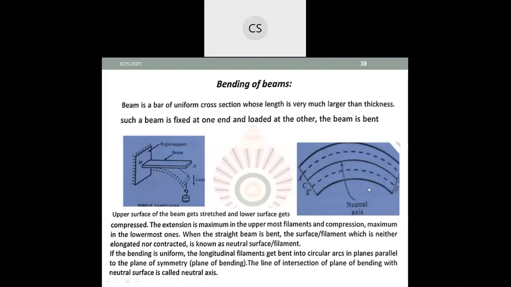Even a circular cross section is possible, but it is called a cantilever. Cantilever means one end is supported, the other end is not supported. Circular and rectangular cross section beams are both possible. Shall we go ahead? Clear?